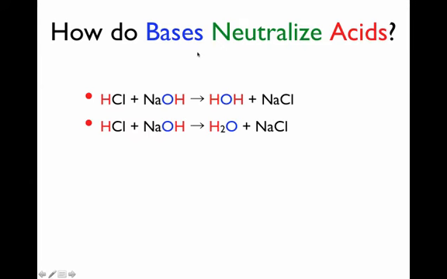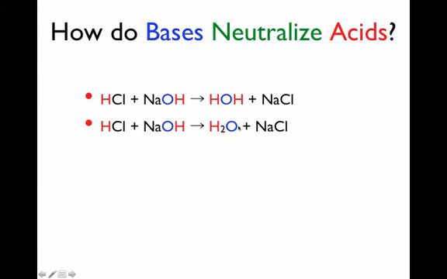And so the question originally was, how do bases neutralize acids? Well, this is how they neutralize acids, more or less, is that the OH minus here basically soaks up the H plus that's released, and the two of them together end up making water. And just by that magic, the H plus disappears, because the H plus was used as a piece to make a water molecule.